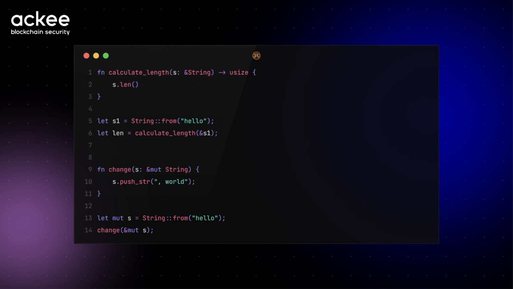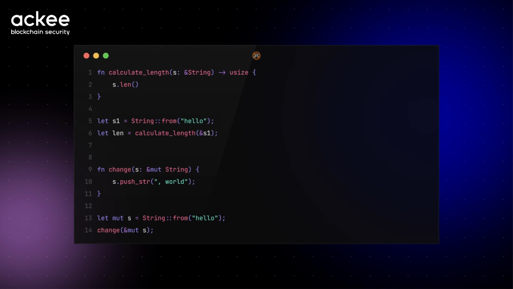It accepts the string, but notice that we have the ampersand before the string, and it returns usize, which is basically a primitive data type. It stands for the pointer-sized unsigned integer type. But it is not important for this example. Just understand that we are returning a number.